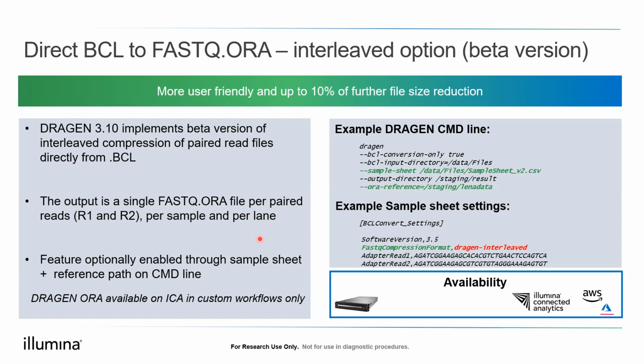So essentially, instead of two files that you have to compare or store, you're storing one interleaved file that has been ORA compressed. That means you have fewer files to manage. And you can enable this feature from the sample sheet by setting this option when you're doing the BCL conversion.